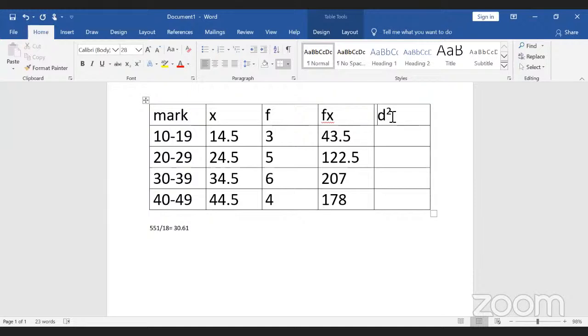Now we work row by row. In the first row, our x is 14.5. So how far away from 30.61 is 14.5? So we say 14.5 minus 30.61. So what do you get? Negative 16.11.